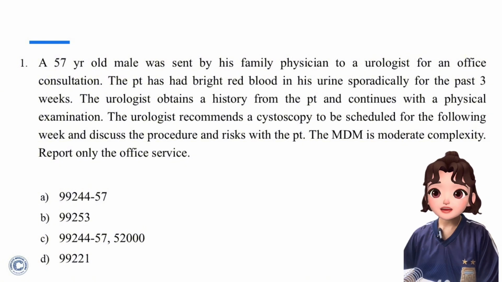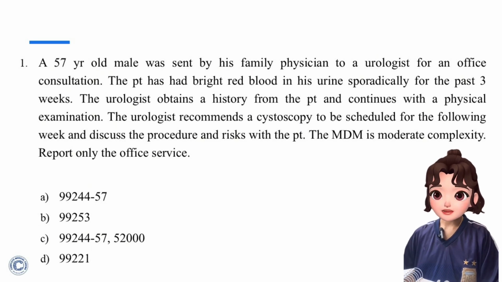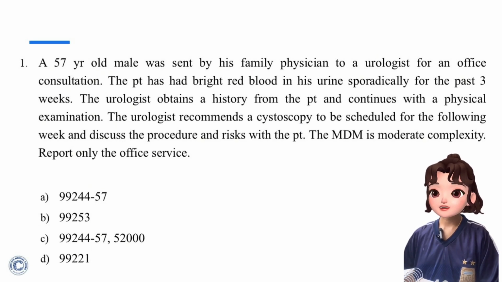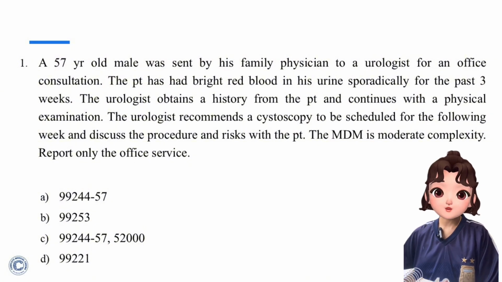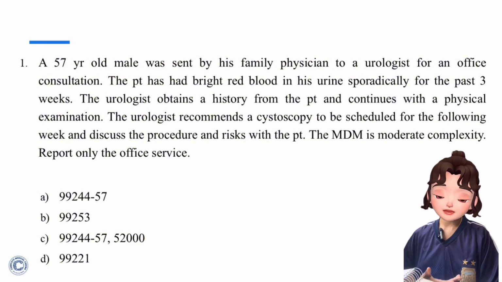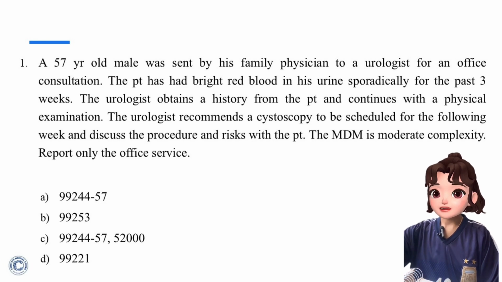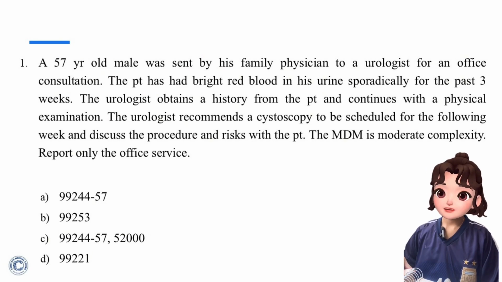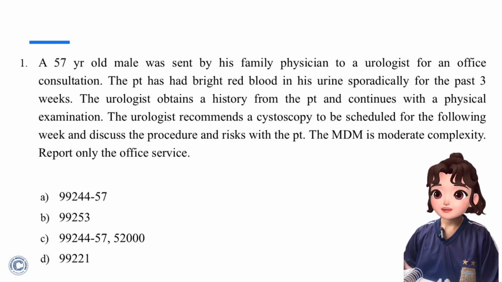The urologist obtains a history from the patient, continues with a physical examination, and medical decision making is of moderate complexity. The urologist recommends a cystoscopy to be scheduled for the following week, so that's also advised to be done. Anyway, let's find out the code. What is the first code?